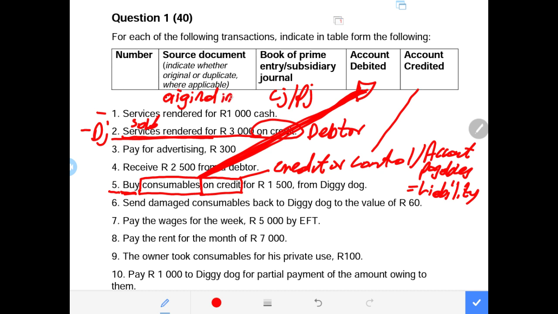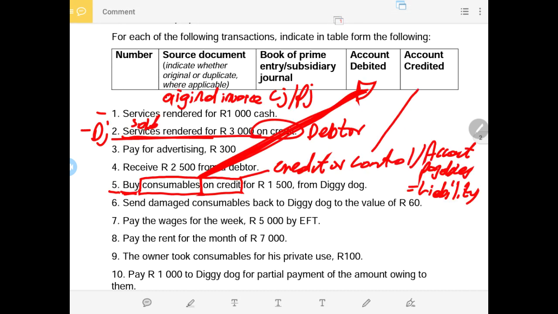We get the original from our supplier, and they are left with the duplicate invoice on their side and record using the duplicate.